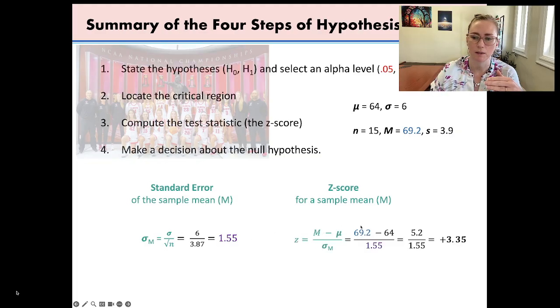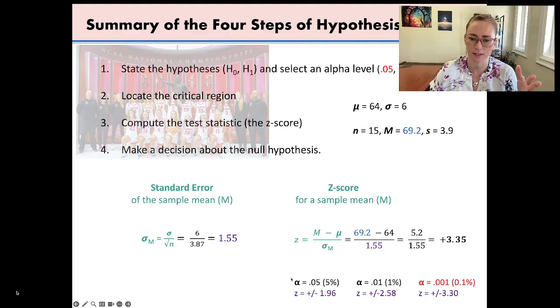So again, I plug in my numbers. Now my M here is 69.2. So I'm getting a difference of 5.2 over the standard error, which gives me 3.35. And this should set off some big alarm bells with you guys. If I get something as big as 3.35, that should be telling you it is significant, because this is larger than 1.96.